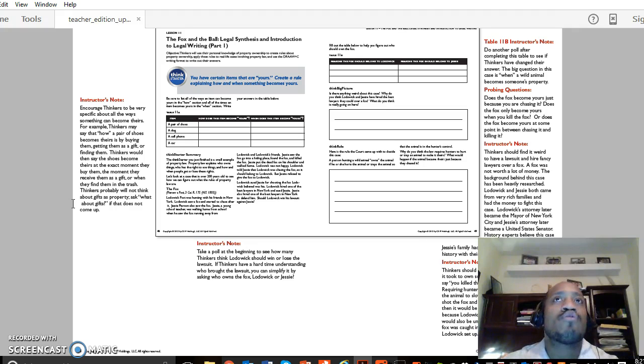And again, try to make sure that they're not looking too far ahead here. We say, a wild animal is owned when you do something to subdue it, do something to bring it into your control. You trap it, or you wound it, or you kill it. You do something to make it yours. So now we're thinking about this rule: is that a good rule? Does that rule work when we're talking about hunters?